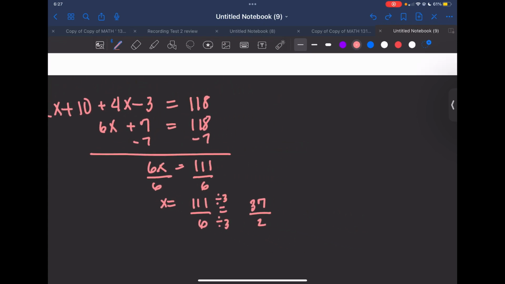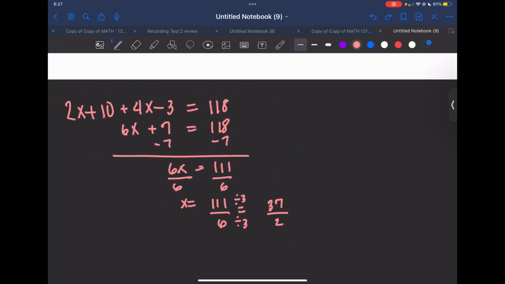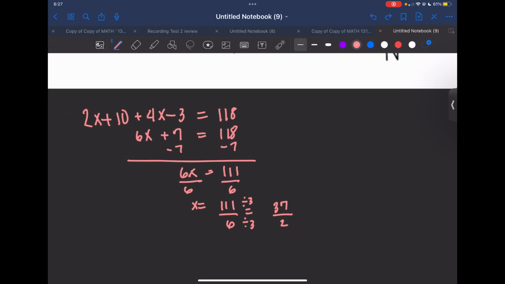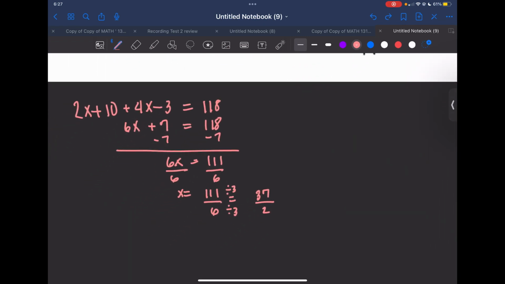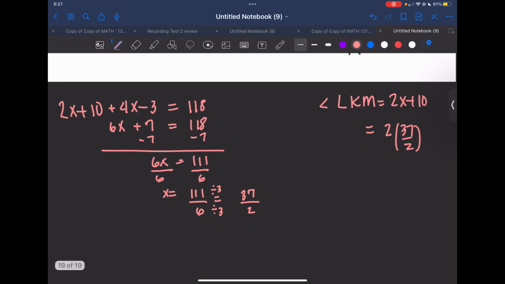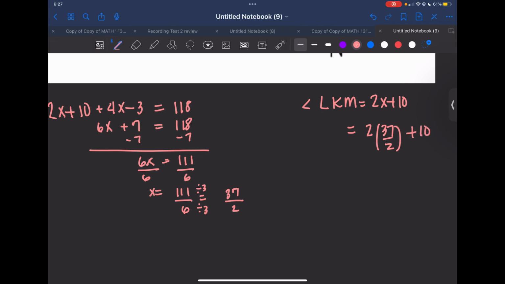And then we substitute into LKM. Measure LKM is equal to 2x plus 10. All right, so then we go 2 times 37 over 2 plus 10.